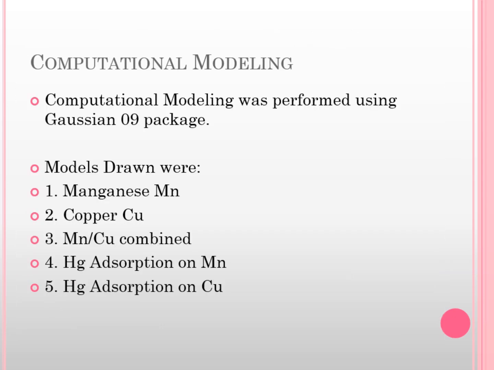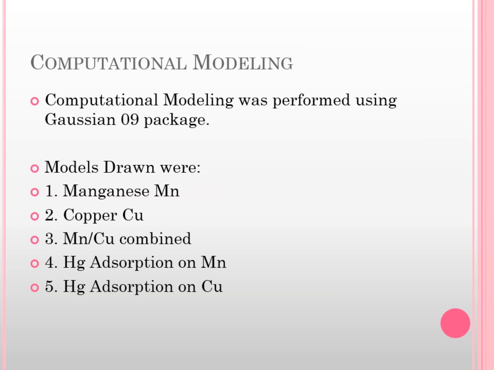Computational models. Computational models were performed using the Gaussian 09 package. So we used the Gaussian 09 package for the computational study. Different models were drawn. Number one, the structure of manganese was drawn separately.